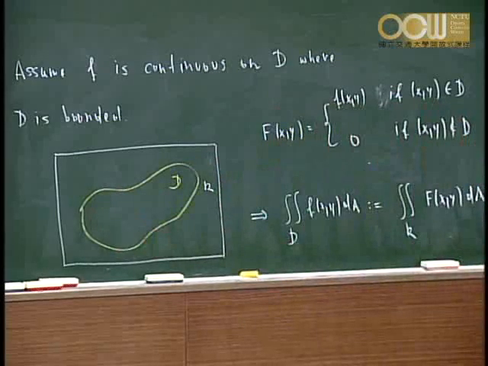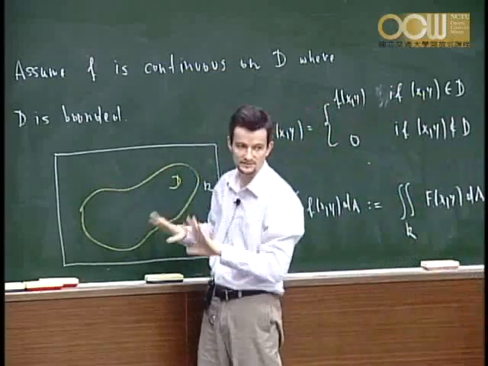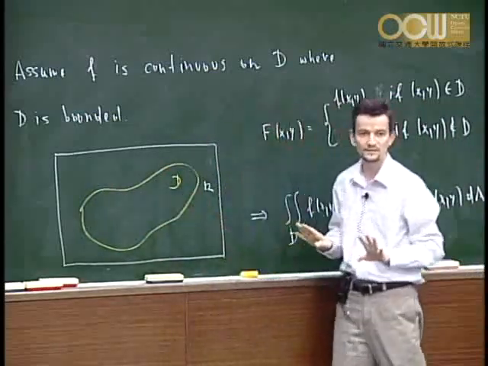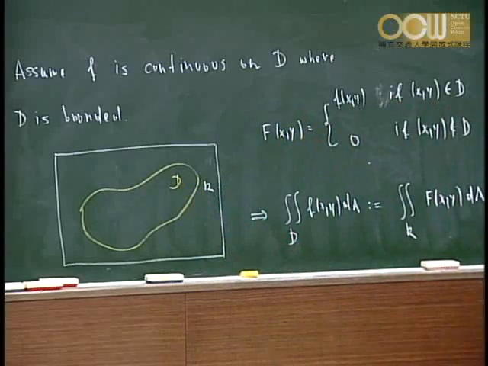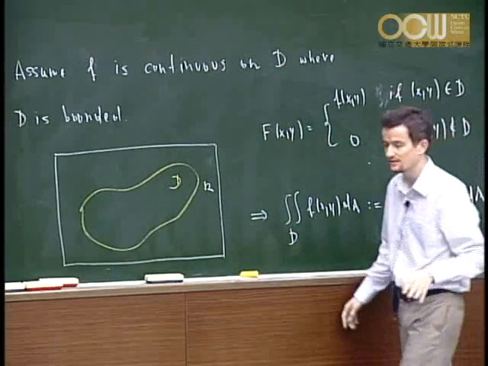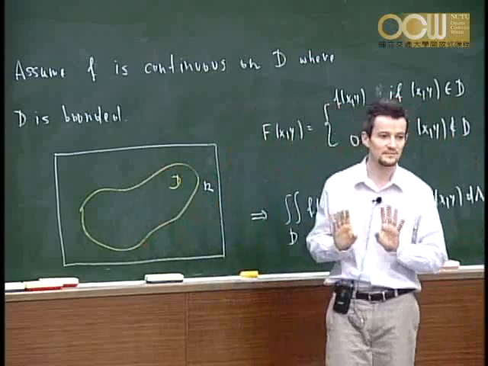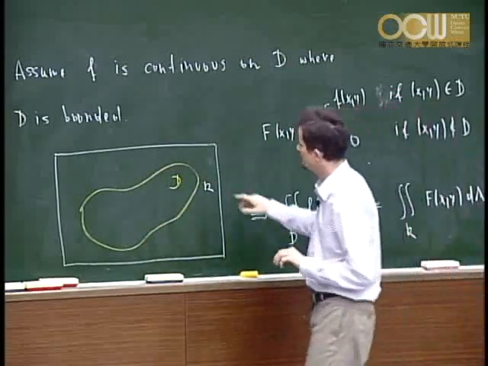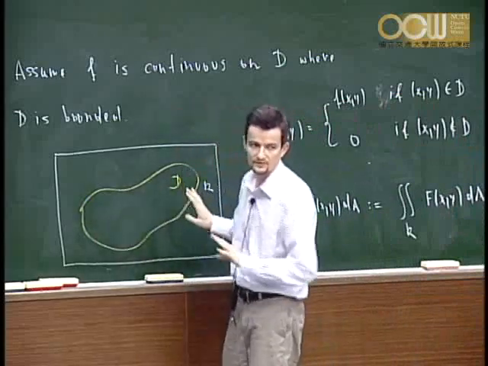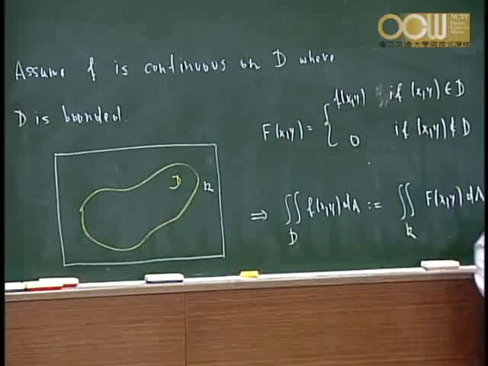But this doesn't matter, unless the boundary is too ugly. If the boundary is too ugly, it could cause problems. But as for the existence of the double integral, we do not worry about such details. I just tell you, in most cases, if D is not too ugly, whatever this is supposed to mean, in mathematical terms it's not very precise, if the boundary of D is not too ugly, this will make sense here, and you can use this definition.